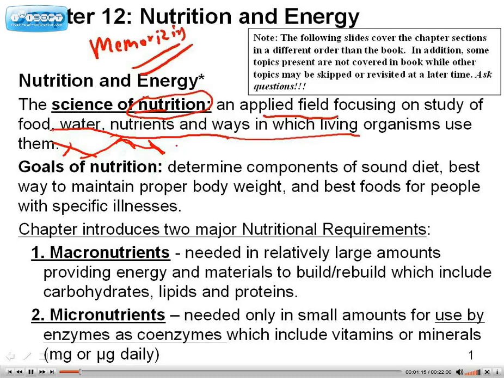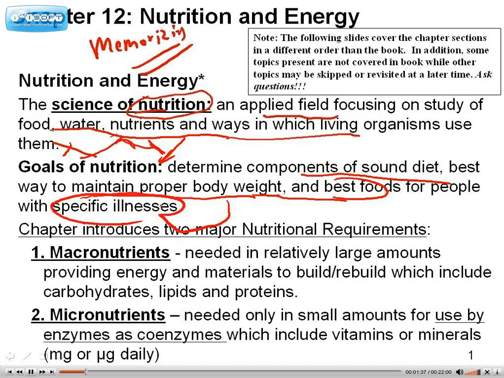So the goal of nutrition is to determine the components of a sound diet and best ways to maintain your health, such as through body weight and the best foods in order to help people who have specific genetic ailments.